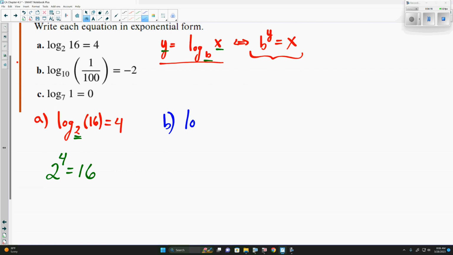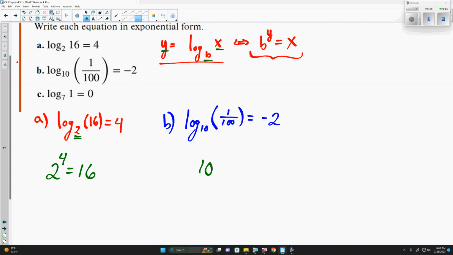Log base 10 of 1 over 100 is equal to negative 2. Now the base this time is 10.